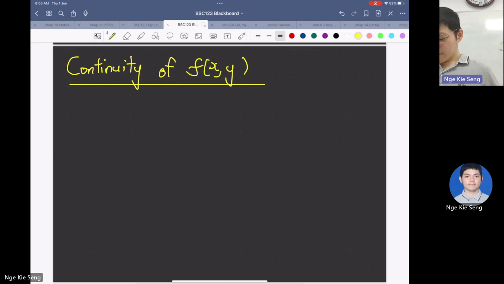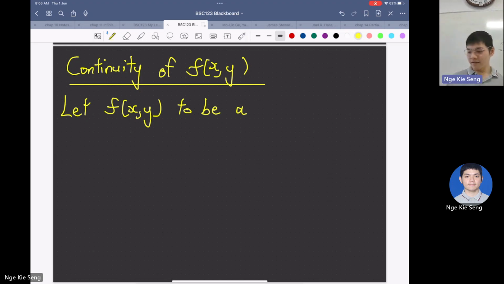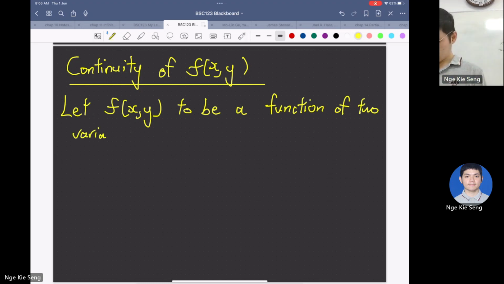Okay, so let f(x,y) be a function of two variables. So what does it mean for f(x,y) to be continuous at a point?